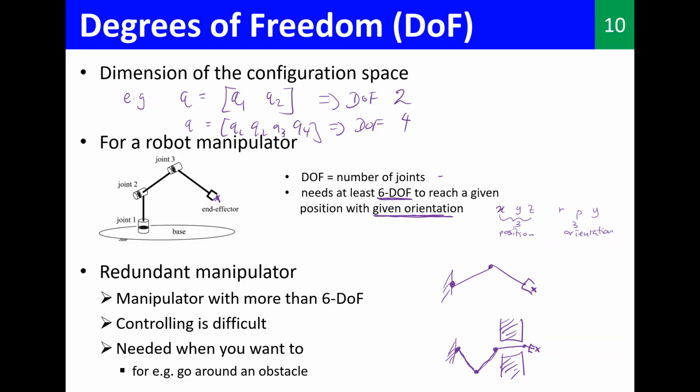Okay, let me ask you a question, right? If we look at the human body, how many degrees of freedom do you think a human body has? I need an answer from somebody. Can anybody think, based on the definitions that we just learned, how many degrees of freedom a human body has?